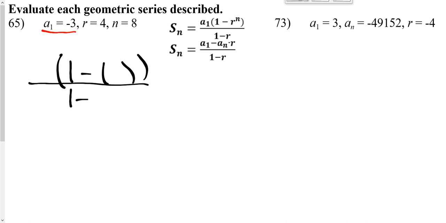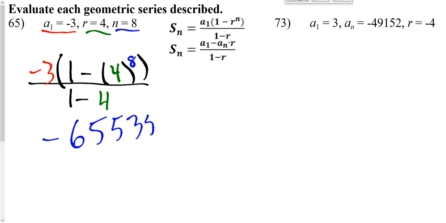Plug in your first term, plug in your R, plug in your N. And then all you have to do is just type that into your handy-dandy calculator. You can type it in all at once by putting the whole top in parentheses, divide, putting the whole bottom in parentheses, or you could type the top in, type the bottom in, and then divide. Either way, you get negative 65,535.